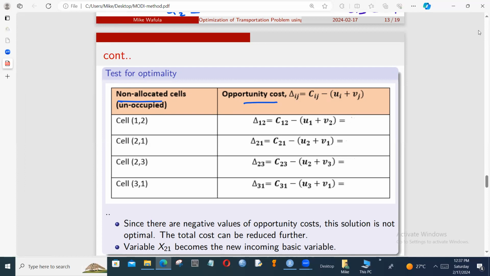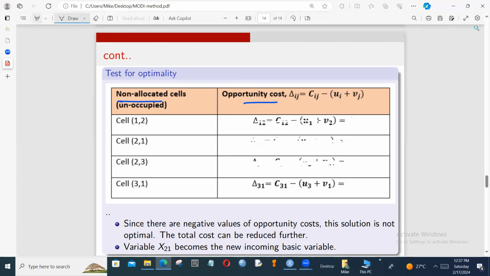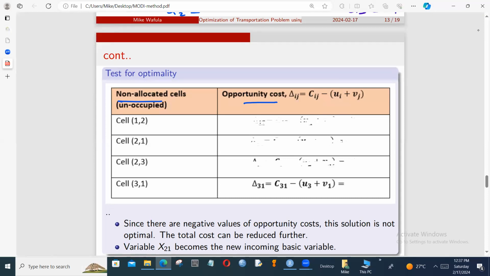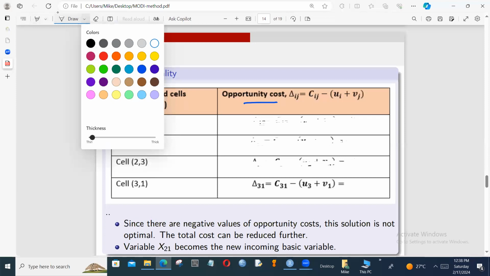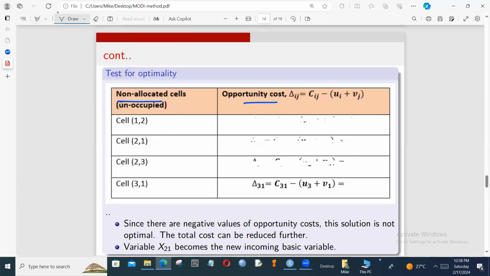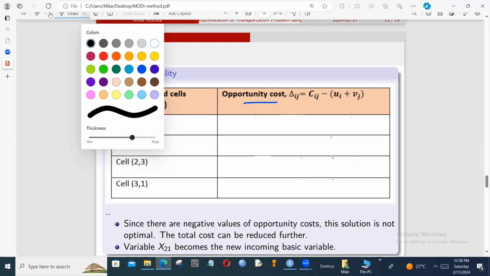You may not really struggle to write these formulas. You can as well just omit them. There's no harm. I just wrote them to help someone who is maybe not seeing how we are getting them, but they are really not a must for you to write.